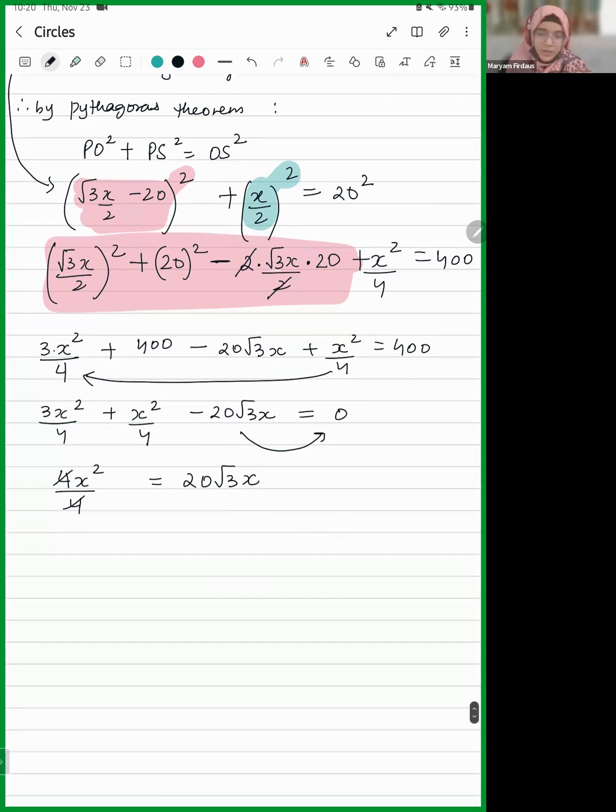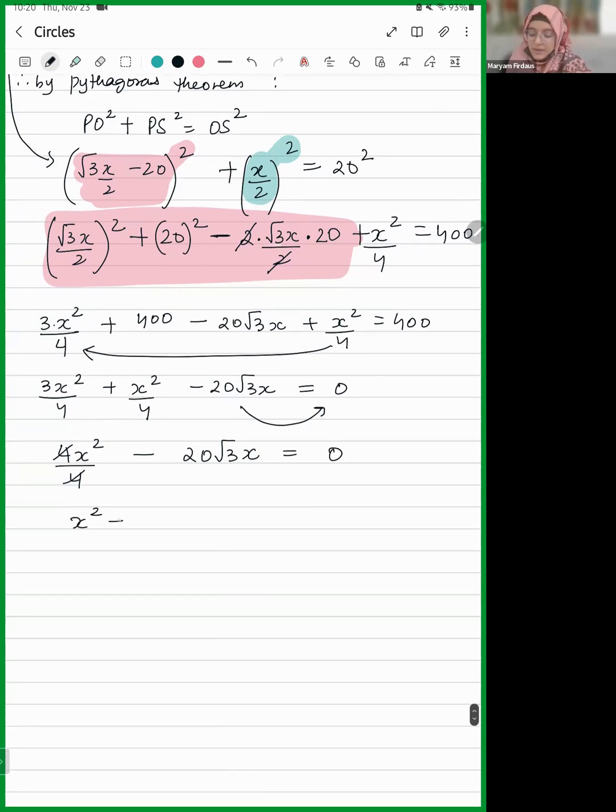Now what I'm going to do here is something you're not supposed to do in mathematics, which is canceling this x and this x. Okay, I won't do it. Not going to break any rules, okay? So this is equal to 0. So what we have basically is x square minus 20 root 3x is equal to 0.